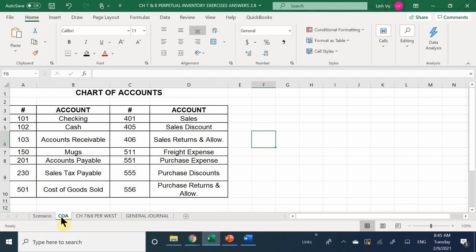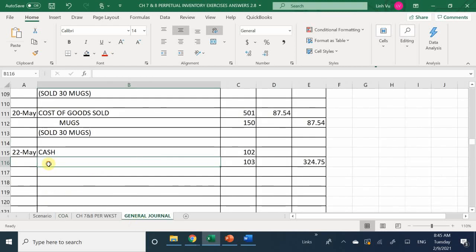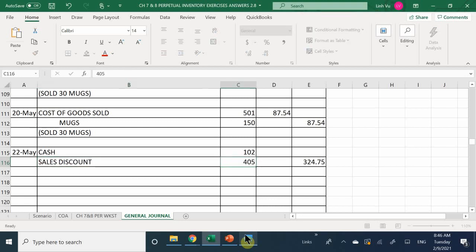Yes, number 405, sales discount, right? Because he's our customer. He got the discount that we offered him. So account number 405, sales discount. Okay, 405. And then now we can go ahead and place our accounts receivable. Okay, and this was account number 103.